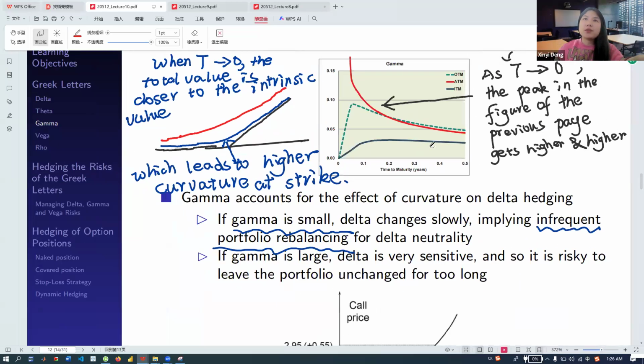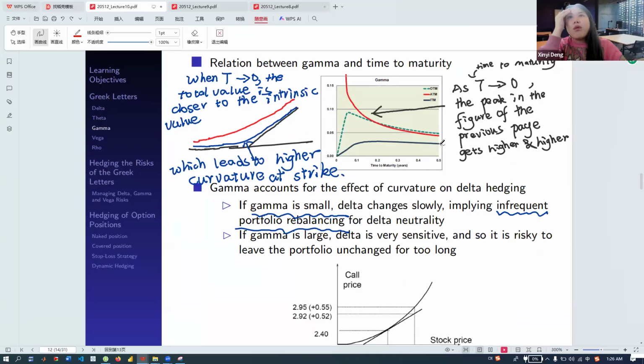We have three lines: the green line for out of the money options, the red line for at the money options, and the blue line for in the money options. For the red line, it's interesting that when the time to maturity, the capitalized T, approaches zero, the gamma is getting higher and higher, right?